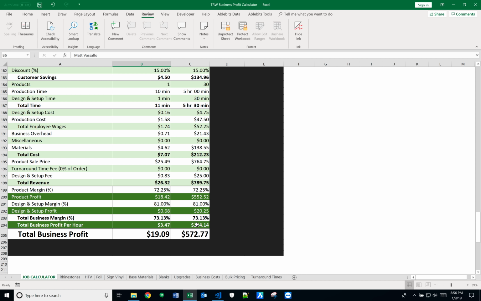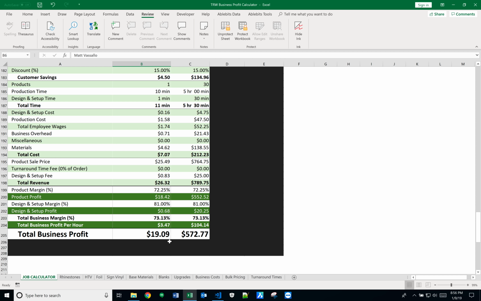Total business profit per hour: per hour, your business is making $104.14, or if you want to divide that by all the products, it would be $3.47 if you divided that by 30. And then total business profit.